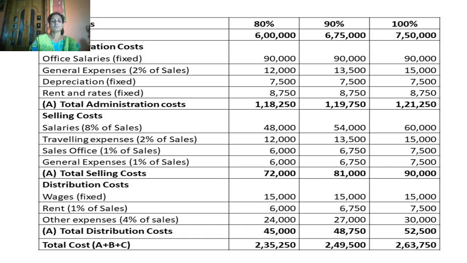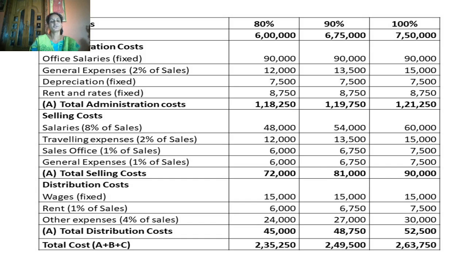Next, sales office, it comes to 1% of sales. So 1% of sales is quite easy to calculate. For 6 lakhs, 1% is 6,000. For 6 lakh 75, it is 6,750. For 7 lakh 50, it is 7,500. Again, general expenses also is 1% of sales.